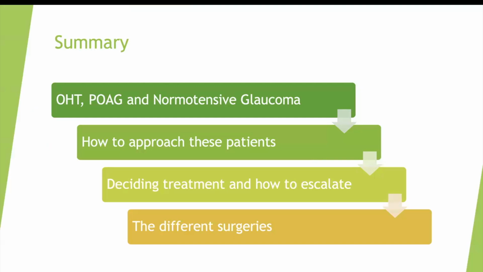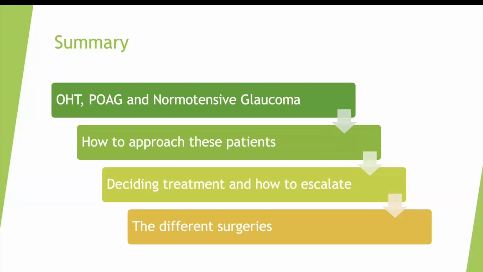So we've spoken about ocular hypertension, how it can lead to POAG, and then we've touched on normotensive glaucoma. We've spoken about how to approach glaucoma patients in general, and that's actually very applicable even to the secondary glaucomas. But when we talk about the secondary glaucomas in later dates, we'll talk about them specifically.